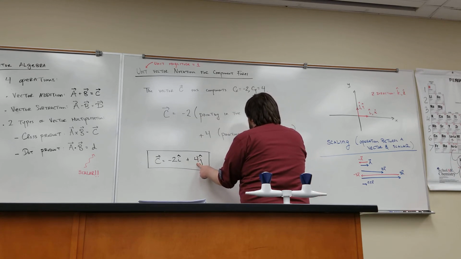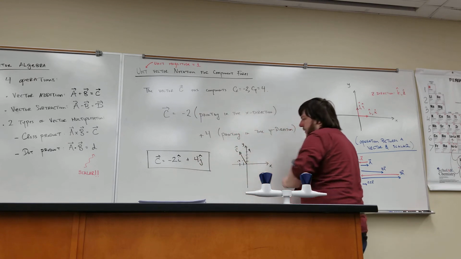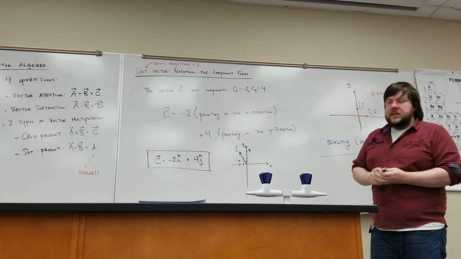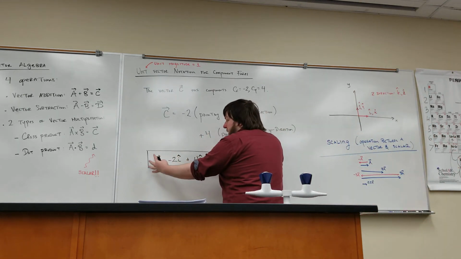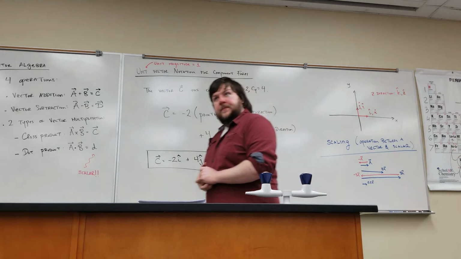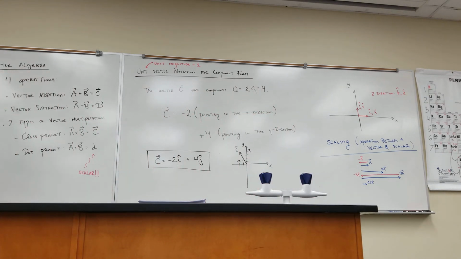Okay? That's what C is going to look like. So this is a compact notation to contain all of the information about the vector. And it contains it in the component form. It doesn't contain it in the magnitude and direction form. This is specifically for the component form.